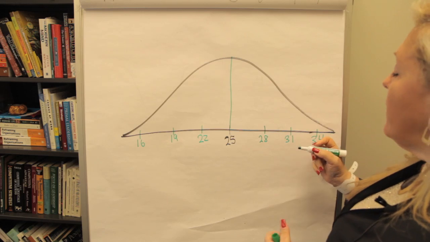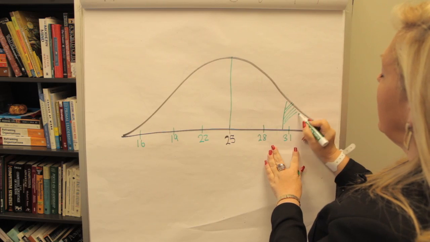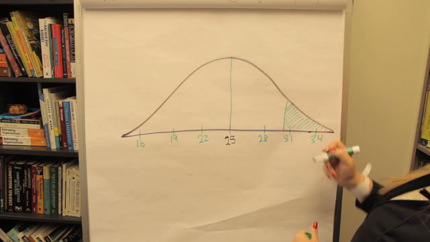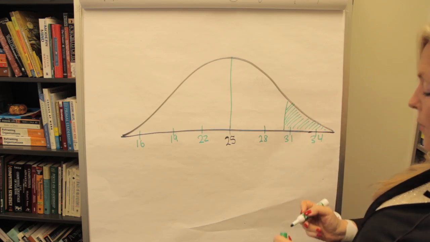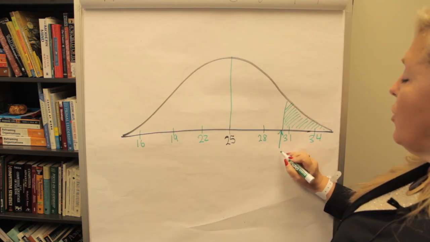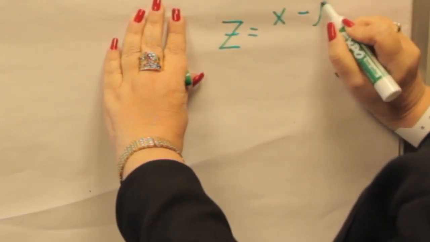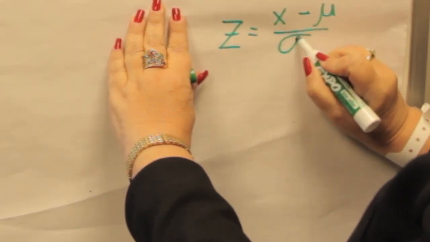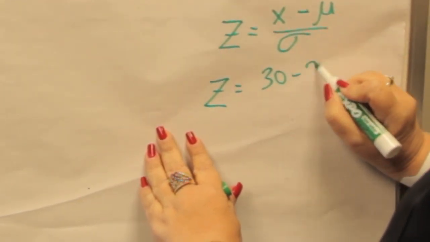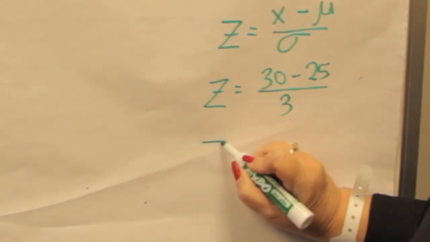In this example, we wanted to find out what's the probability that a given nursing student is over 30 years old. Over 30 years old is this shaded region. Notice that this shaded region is less than 50%. So we find the z-score corresponding to 30. We have z equals x minus the mean over the standard deviation, so z equals 30 minus 25 over the standard deviation, which is 3.